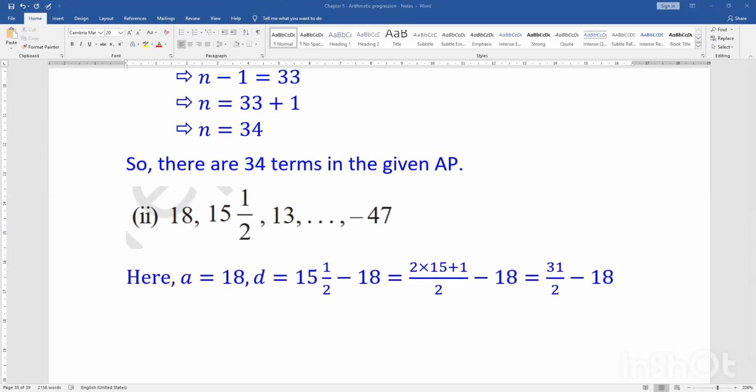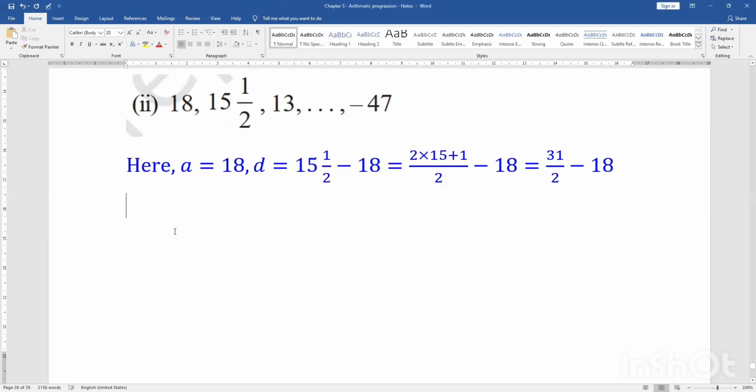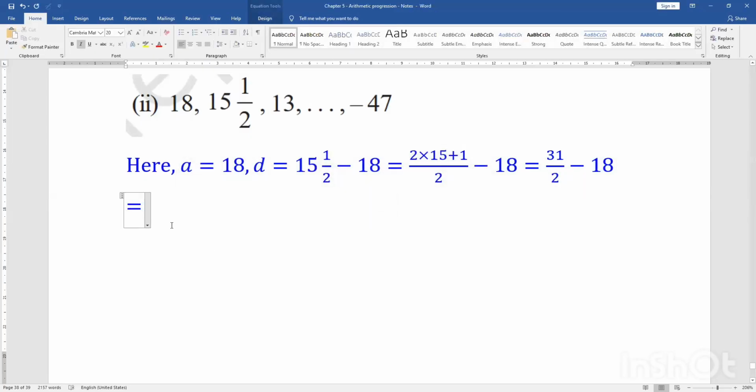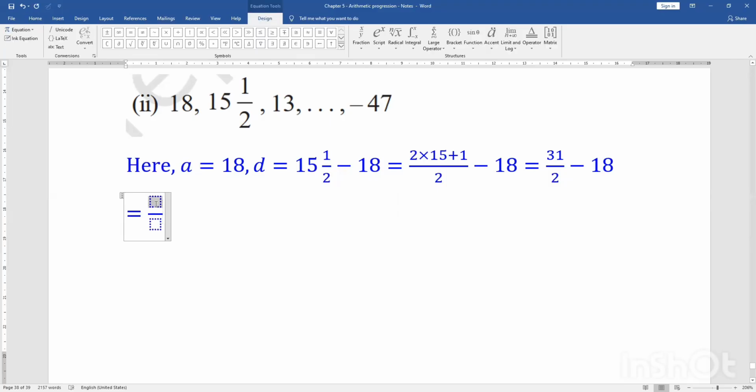Then you can apply the cross multiplication method. So let us do the cross multiplication method. So now we have, let me write out, 31 minus 18 into 2 by 2.